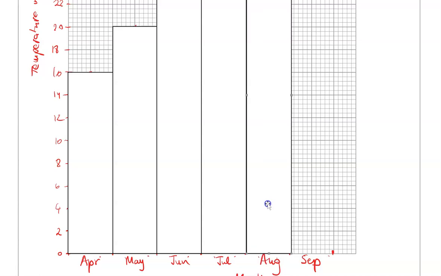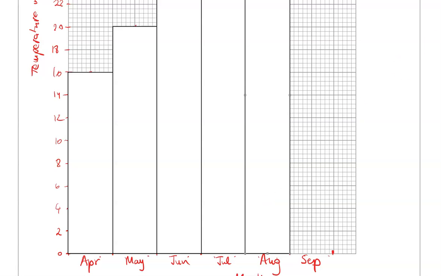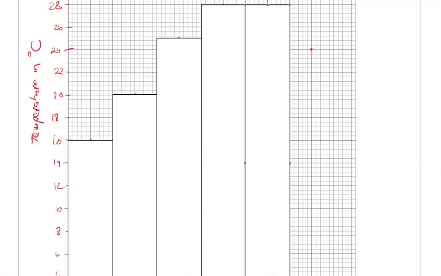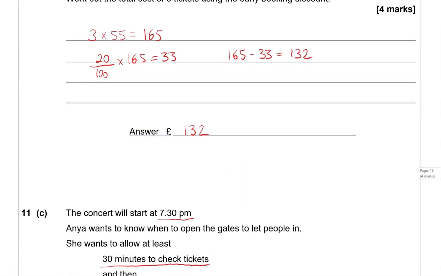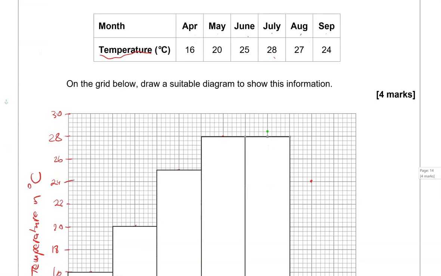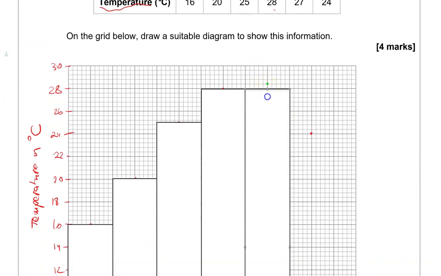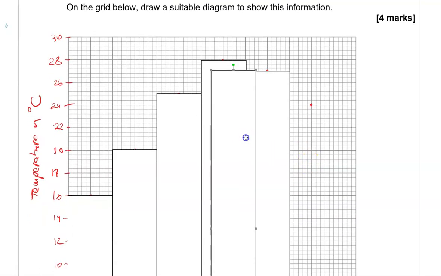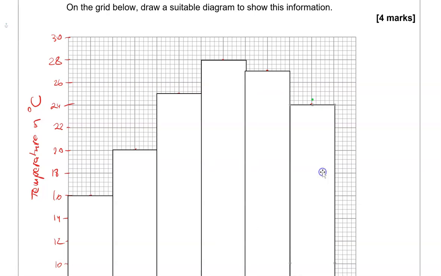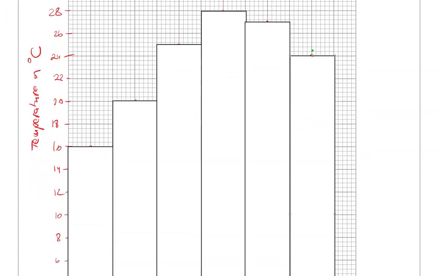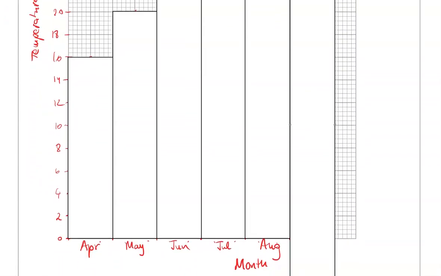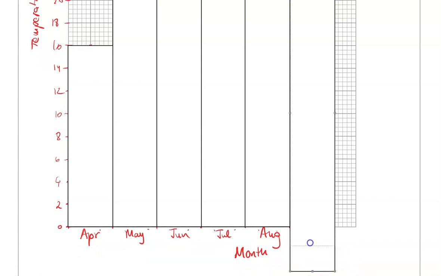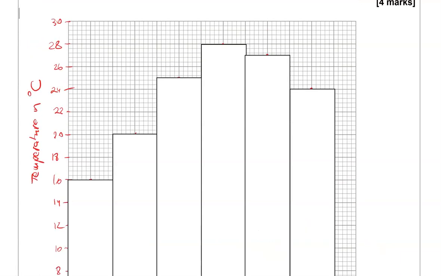You could colour the bars in as well, or leave them as they are. And one more to go. And we've completed the bar chart.